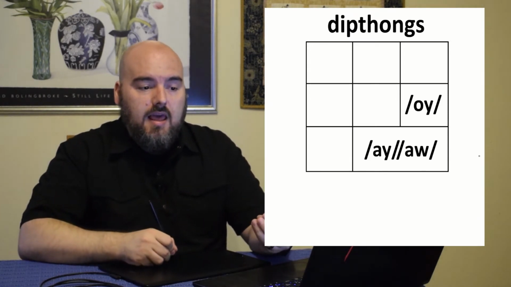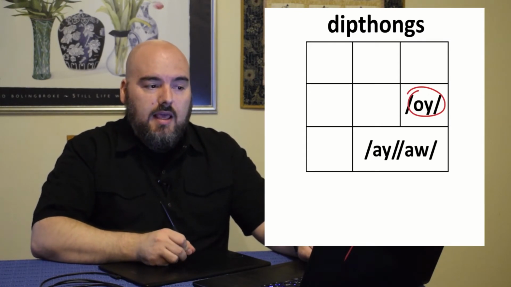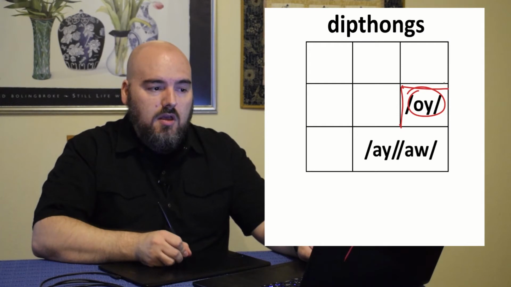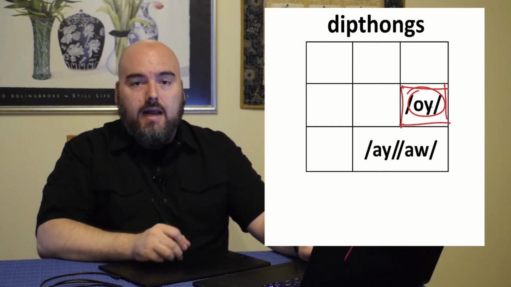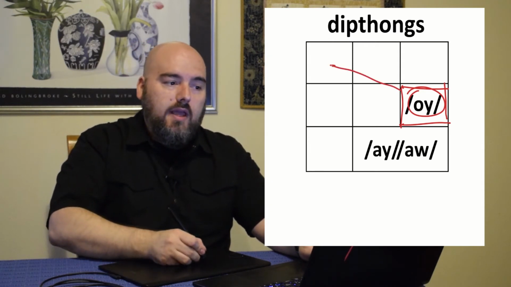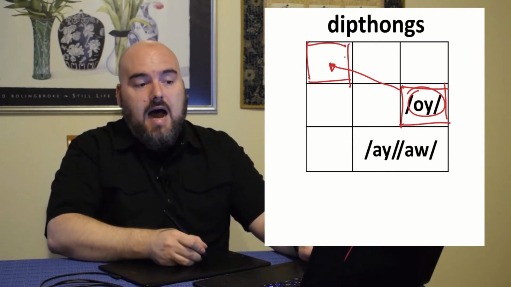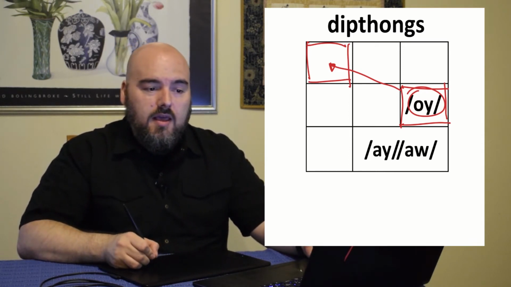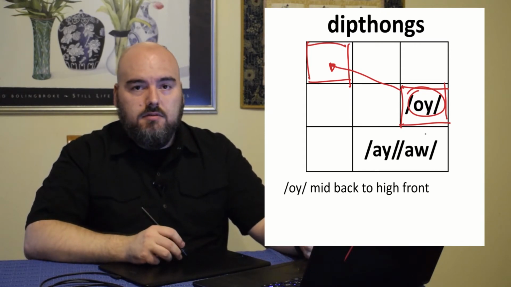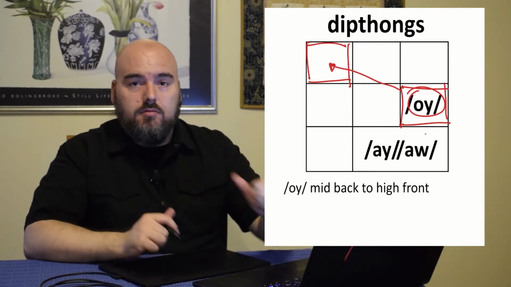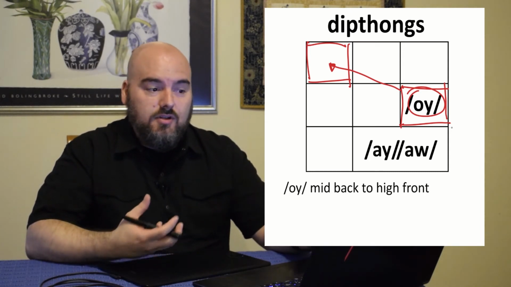So we're going to say that, for example, if we're going to take oi, which starts in this box, we consider this box to be mid-back, right? And it's going in this direction into this box, which we consider high front. So oi can be described as mid-back to high front. It's the mid-back to high front diphthong. And that's all I need to describe.